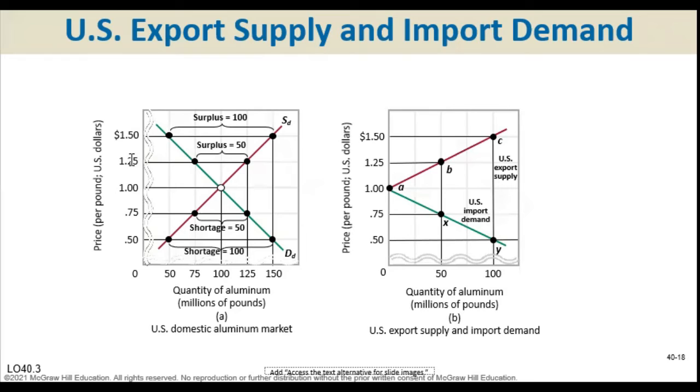what will the domestic producer do? The domestic producer will produce 125.